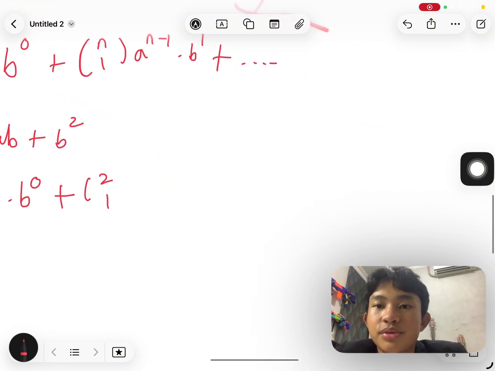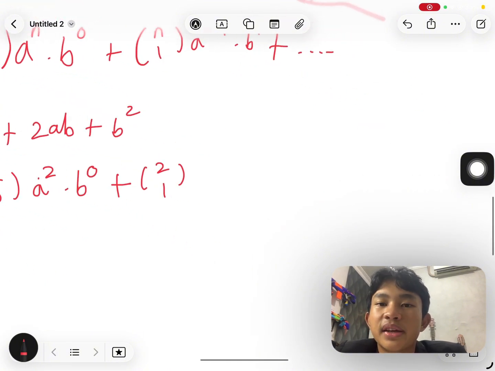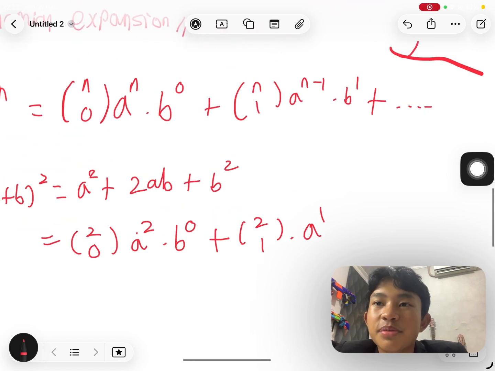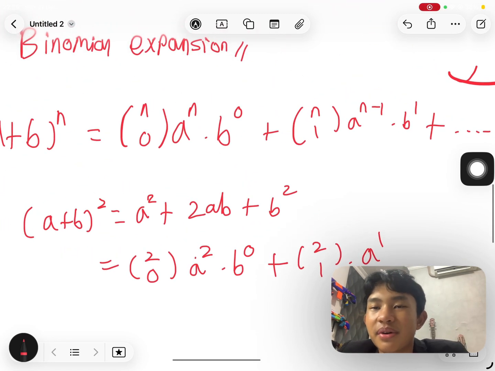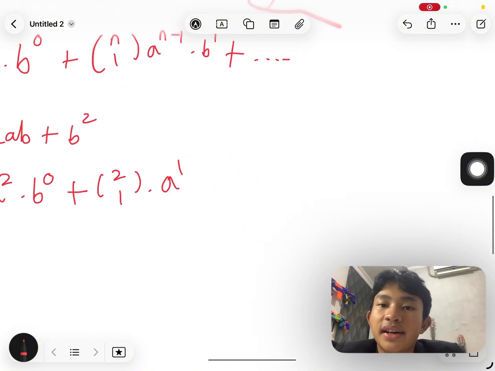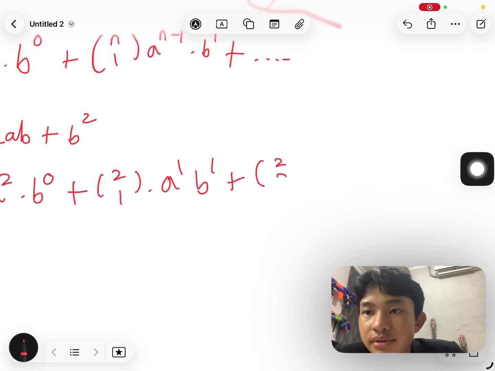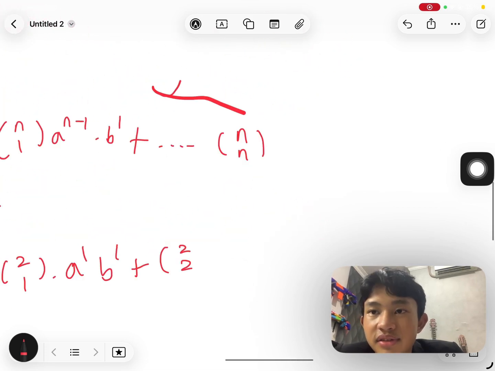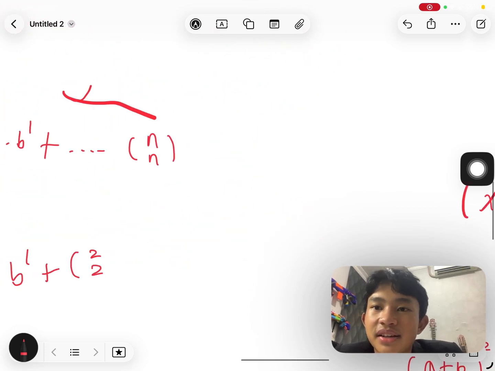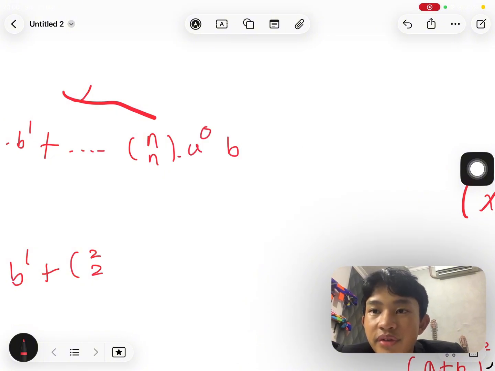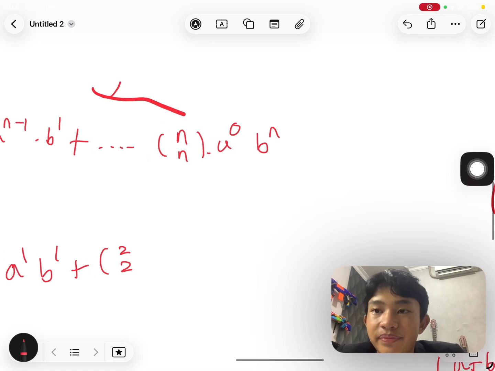Times a to the power of 1, because the exponent of a always decreases by 1 until it reaches 0, and then times b to the power of 1, and then plus 2 choose 2, or n choose n. So the final term is n choose n times a to the power of 0 times b to the power of n.